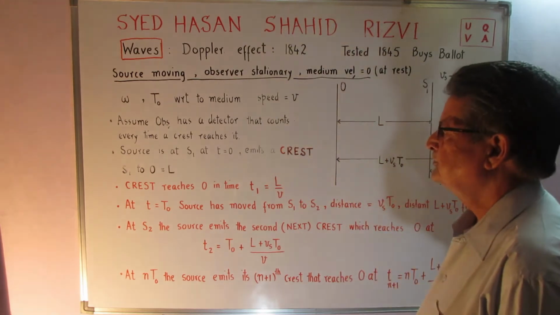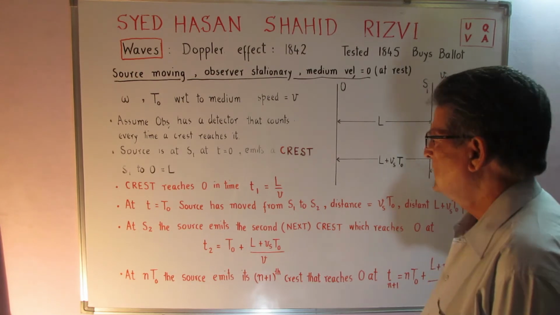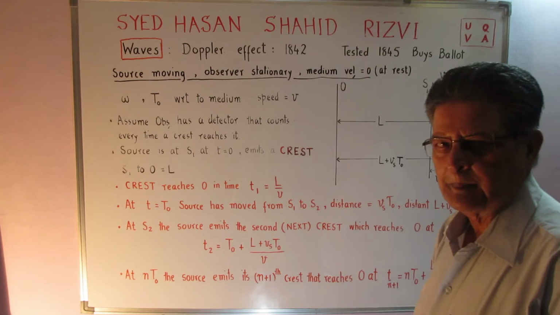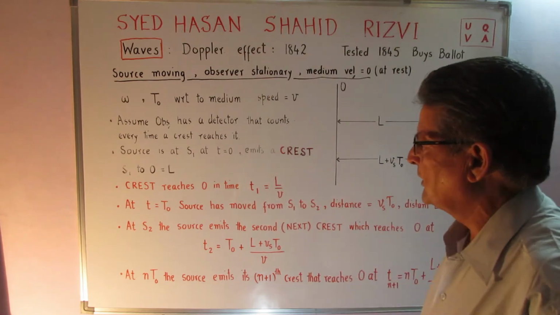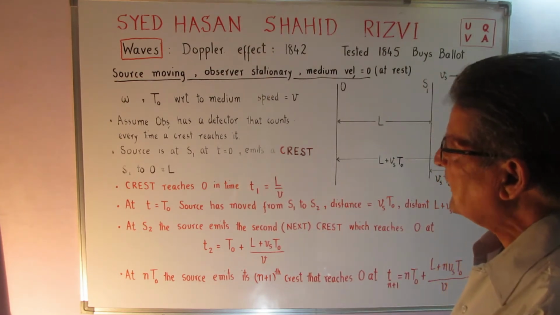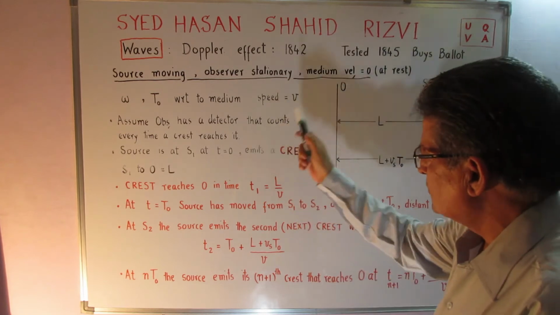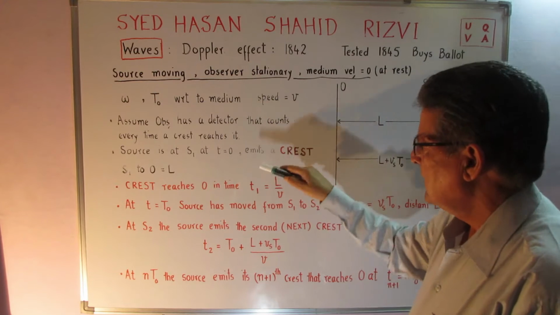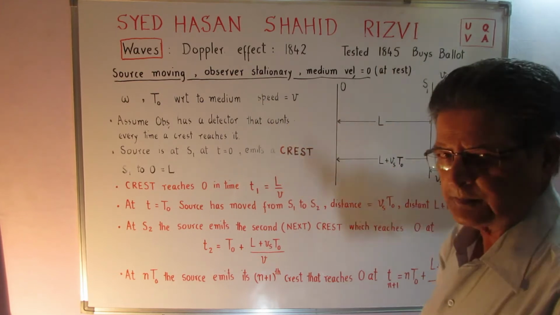We assume that the observer has a detector, can be some instrument, that is a counter that counts every time a crest reaches it.